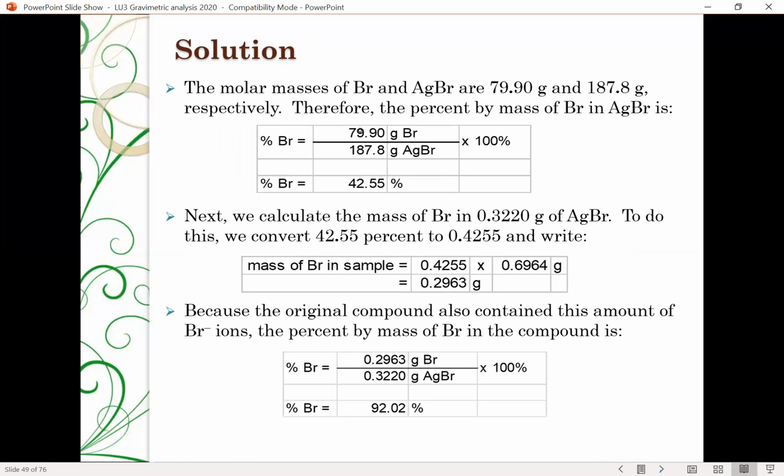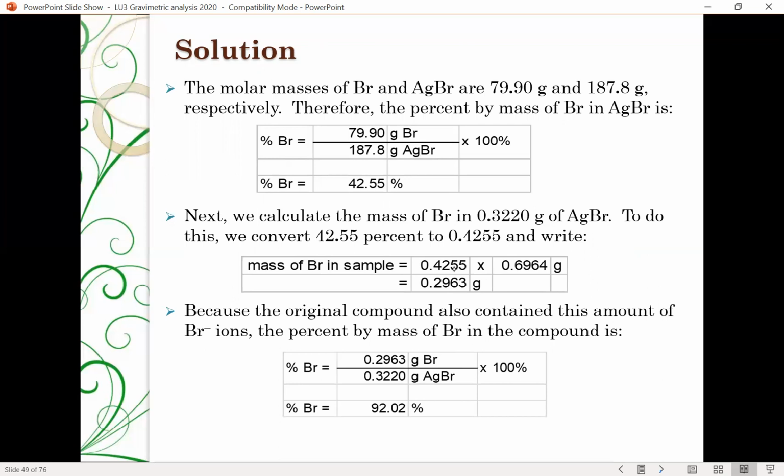After you calculate the gravimetric factor, again the formula mass of Br divided by the formula mass of AgBr, you get 0.4255, which is the gravimetric factor.